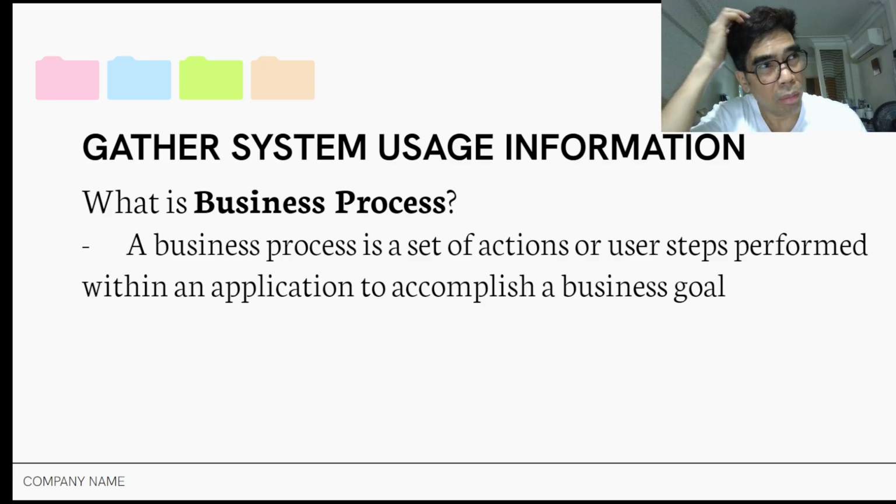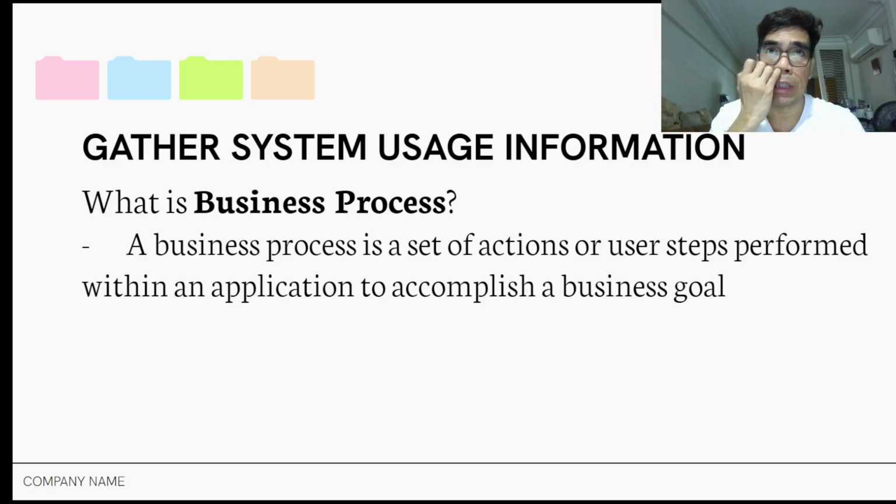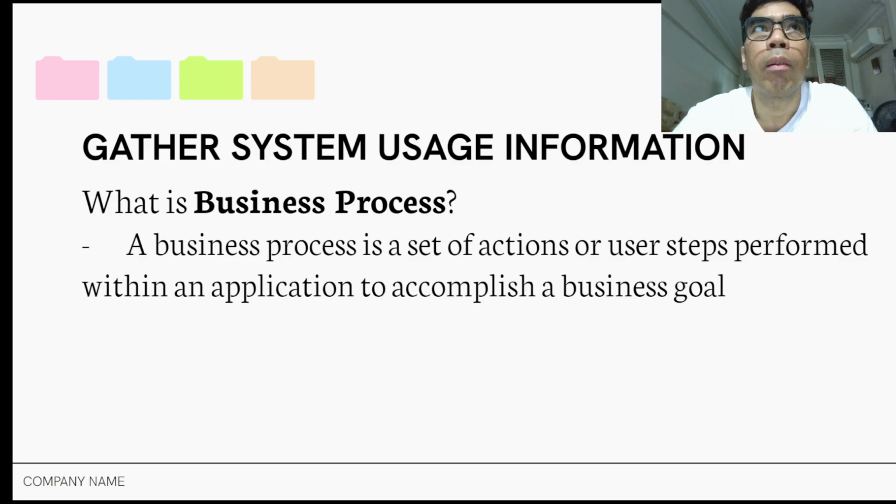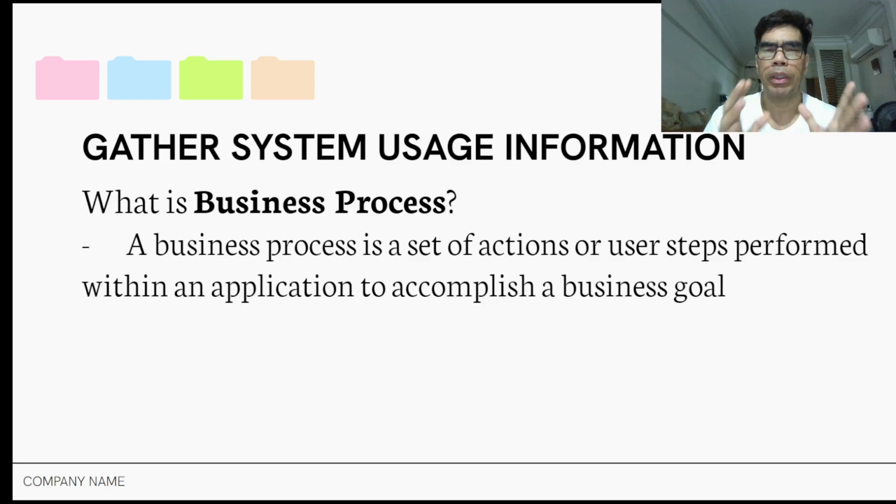Meaning to say, a business process is the process of the system. The workflow, or the business process, is the step-by-step instructions in your system.